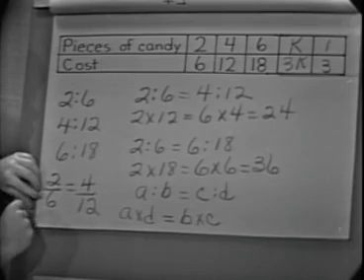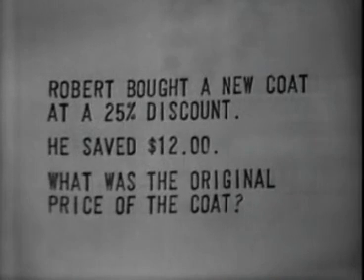Let's use this idea of ratio in solving a problem. Robert bought a new coat at a 25% discount. He saved $12. What is the original price of the coat? 25%, or 25 per 100, tells us the ratio we need to describe how dollars of discount compare with dollars of original cost.